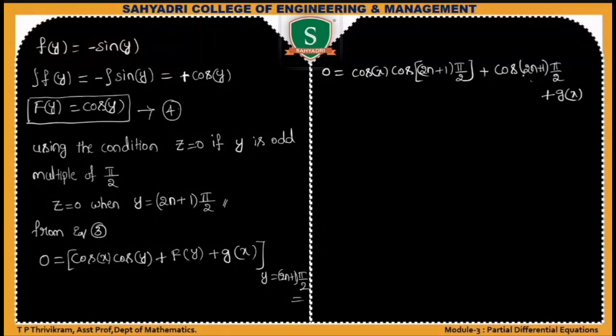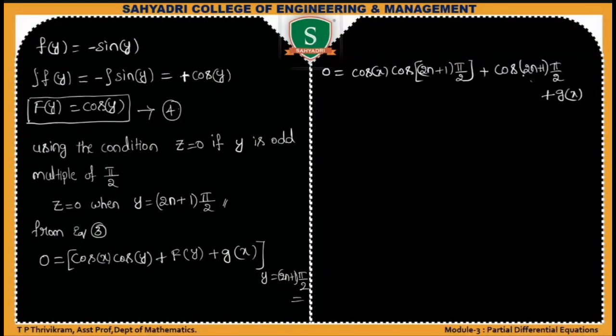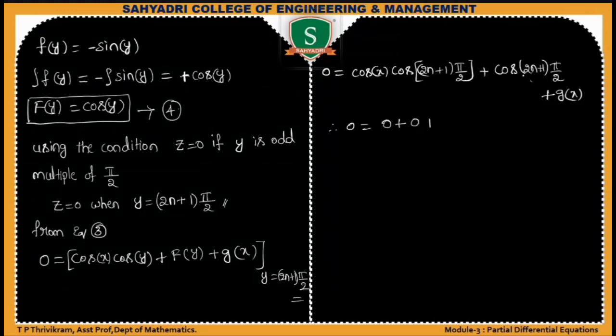What happens if we get the quotient as even? The 2 will get cancelled, so at that time it may take plus or minus. We are taking only odd multiples. Therefore 0 is equal to the first term, which we are getting as 0, the second term we are getting 0, plus g of x. Since cos of (2n+1) pi by 2 value is 0.